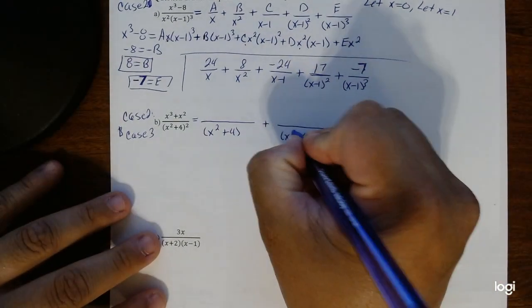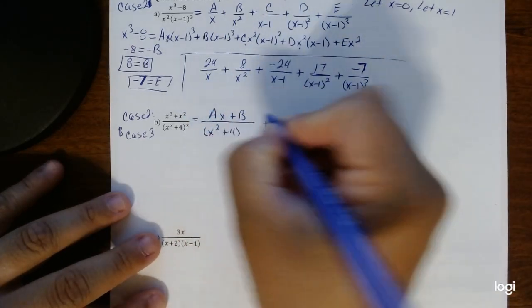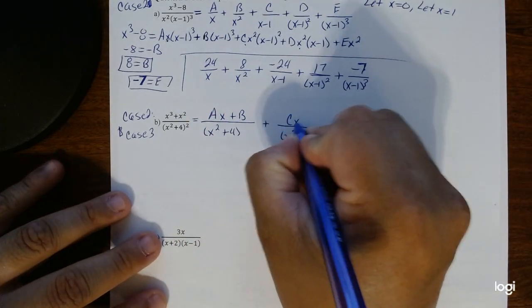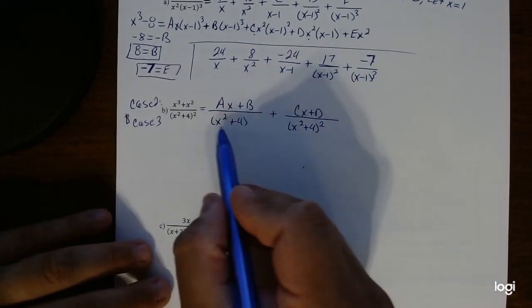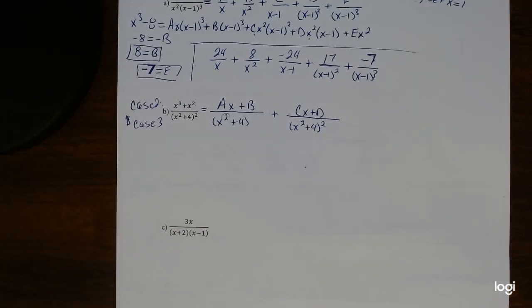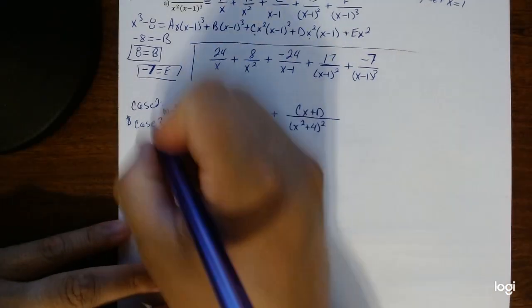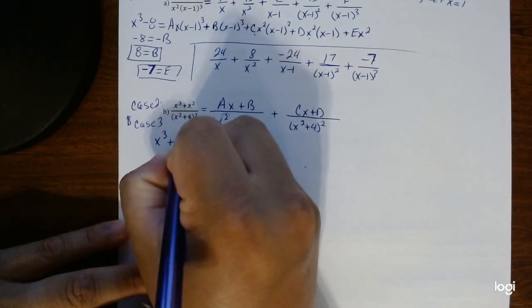So again, these are unfactorable, so I have to have ax plus b and cx plus d. So each one has a top again because it's unfactorable, hence we have a square there, right? Okay. Again, looks horrible. That's actually, after the first one, anything makes life a lot easier itself.